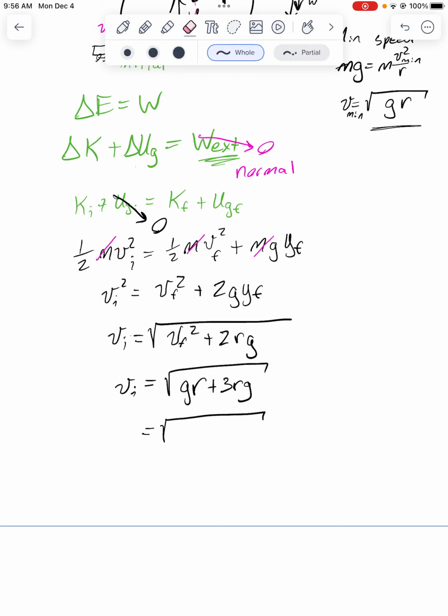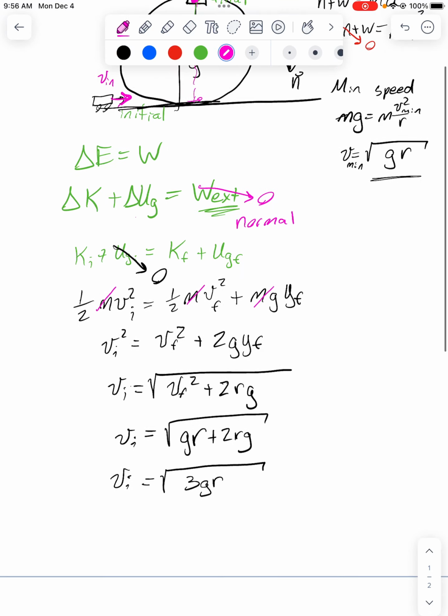Oops, I went ahead and made an arithmetic slip; I'm not going to edit this. And this accounts for the speed that you'll lose as you go up the ramp.